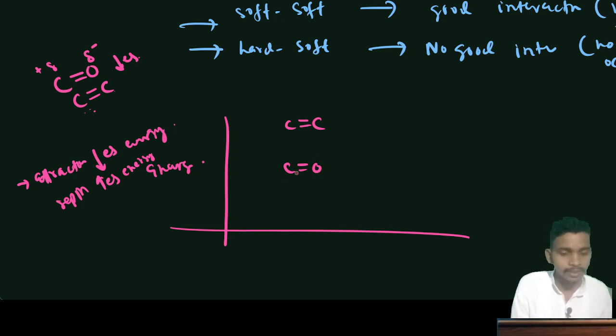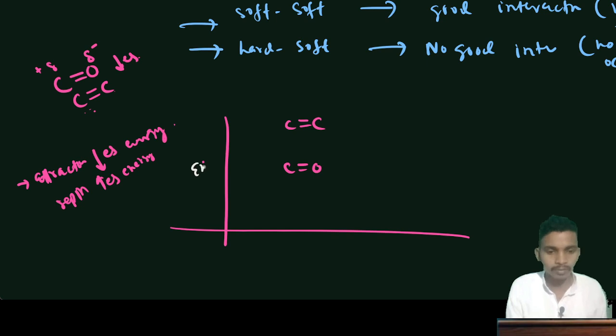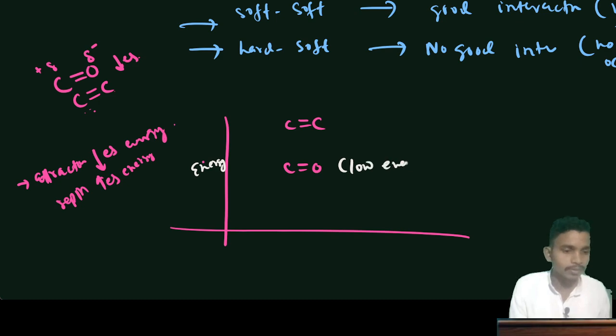So here attractions are there, so energy will decrease. So this has low energy and this has high energy.